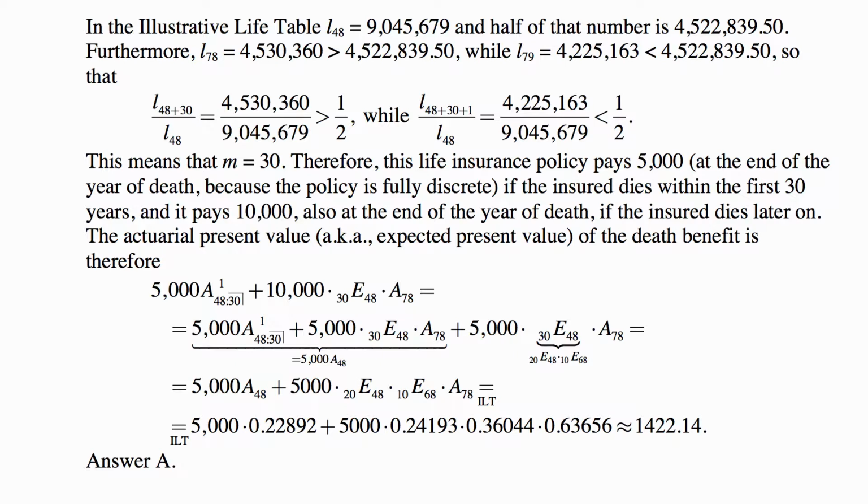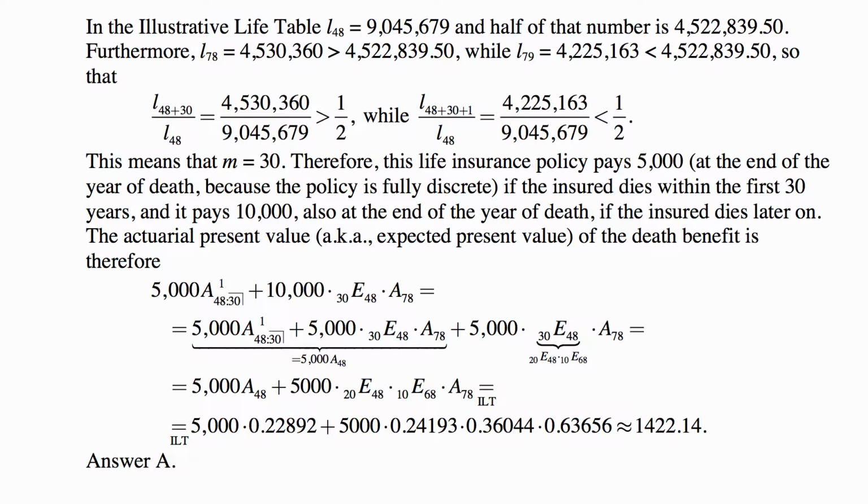If we add 5,000 of that term insurance plus 5,000 from the second one, then that's altogether 5,000 A48, and A48 is given in the table as 0.22892. And then the other half of that deferred insurance is the other 5,000 times 30E48 times A78.